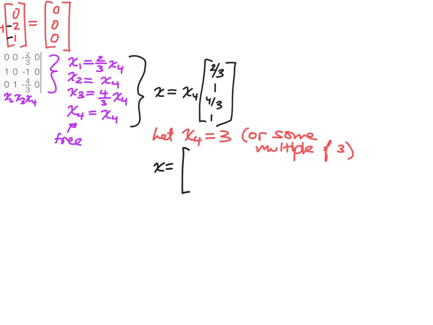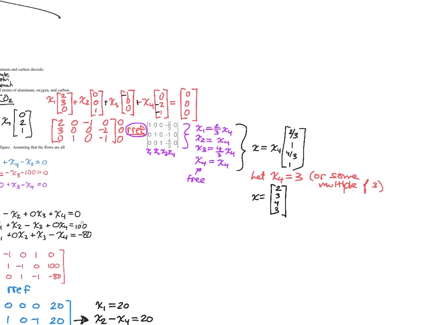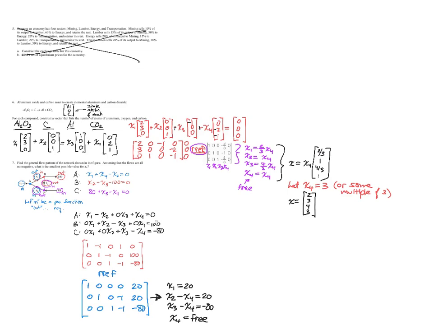So we're looking at x being equal to 2, 3, 4, 3. So we know our weights, and now we know our solution, because I need 2 of these, 3 of these, 4 of these, and 3 of these in order to have a balanced equation.